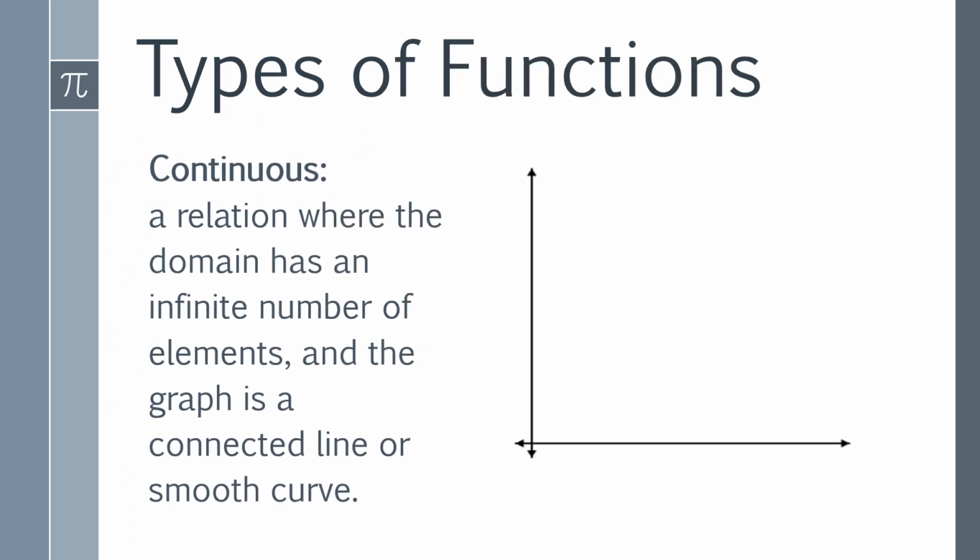Okay, so now we're going to talk about continuous functions. A continuous function is a relation or a function in which the domain has an infinite number of elements and the graph is a connected line or smooth curve. So if we have a line such as this, that would be considered a continuous function.